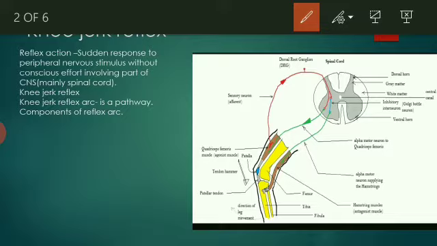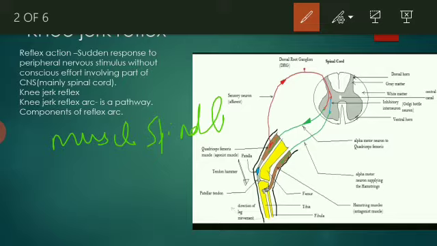Then what are the components of it? First, when the knee is hit, the sensation is sensed by the sensory receptor called the muscle spindle. So the muscle spindle is a component of the knee jerk reflex.